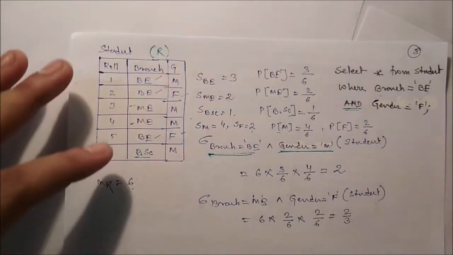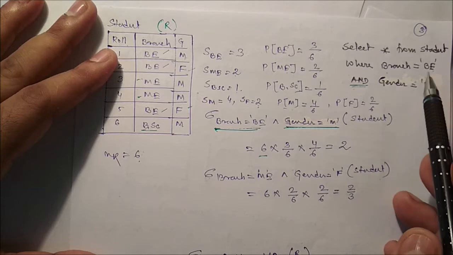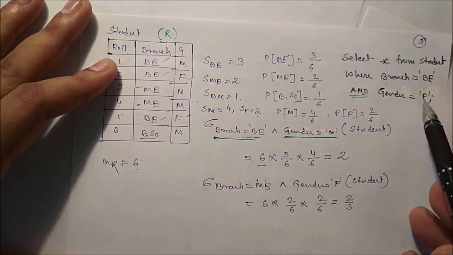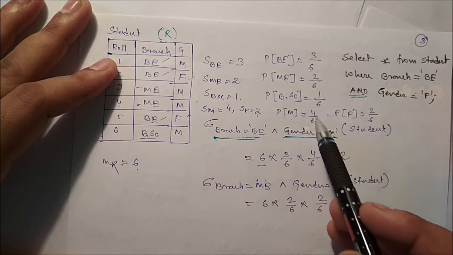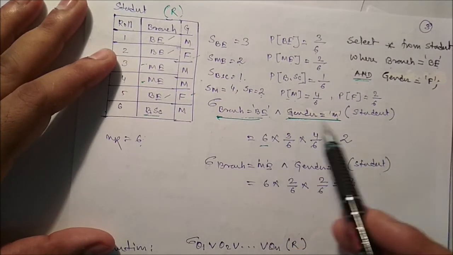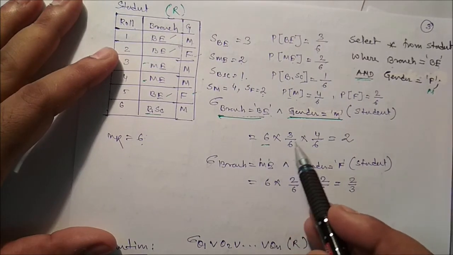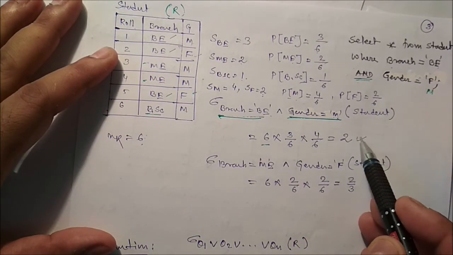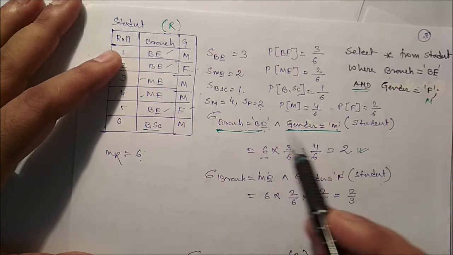NR is the total number of records, which is 6. For BE it is 3 by 6, and for male it is 4 by 6. So 6 into 3 by 6 into 4 by 6 is 2. So we can estimate 2 students where branch is equal to BE and gender is equal to male.